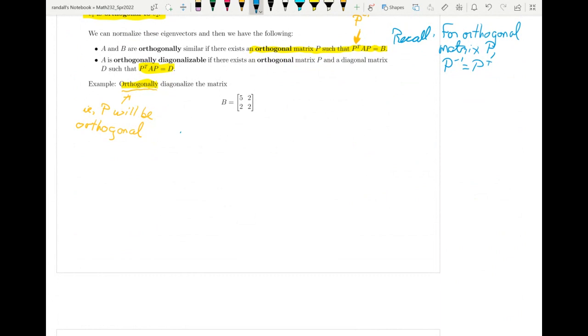So we first find eigenvalues. We find the characteristic polynomial by computing that determinant. Lambda minus 5, minus 2, minus 2, lambda minus 2, and I compute (lambda minus 5)(lambda minus 2) minus 4.